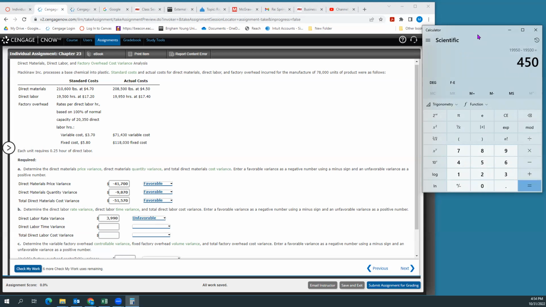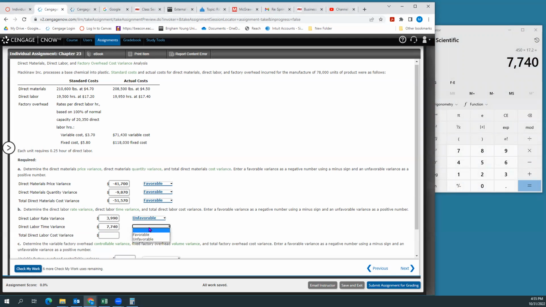So it took us 450 hours more than we thought. We multiply that by our standard rate of $17.20, which is $7,740. Again, that's an unfavorable variance, meaning we spent more than we planned on spending.